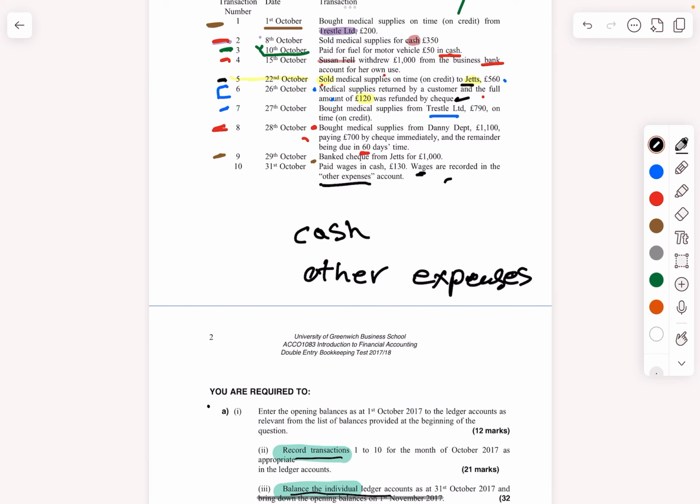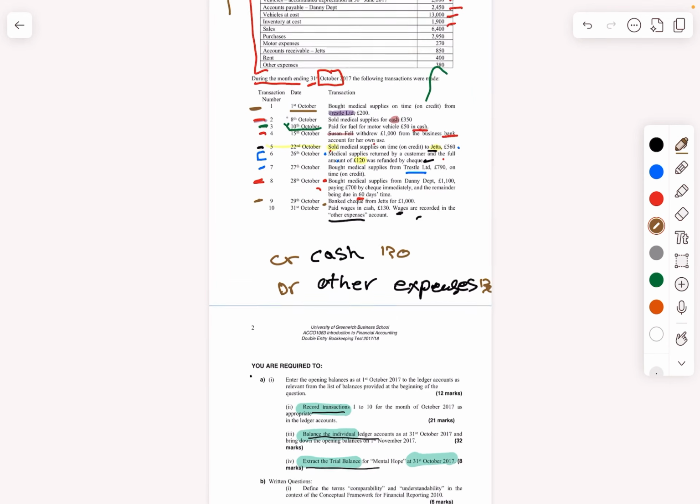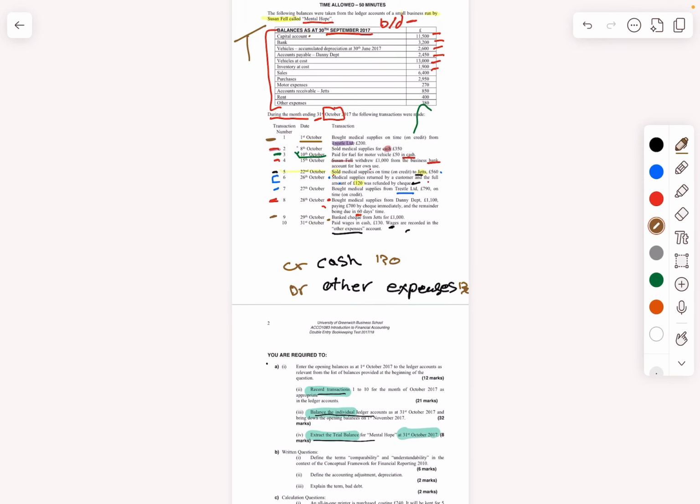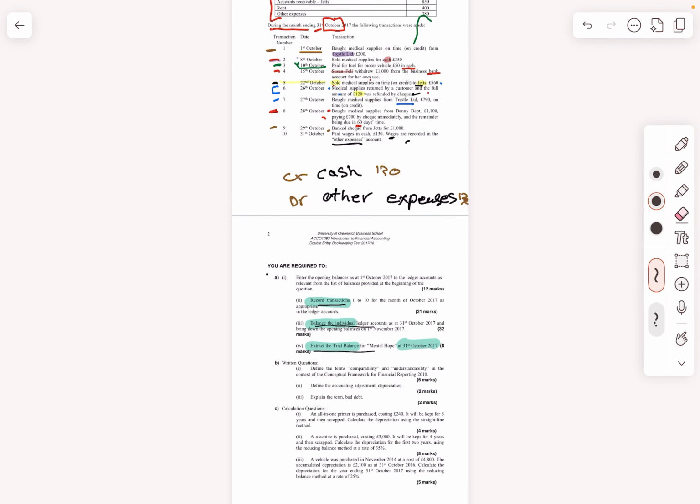So we paid cash, that means we lost cash, so 130, we paid them, that means our money has gone down, so it's gonna be credited, and we will debit the other expenses, and we will put it on the account. Is that clear, guys? How do we do the T account?